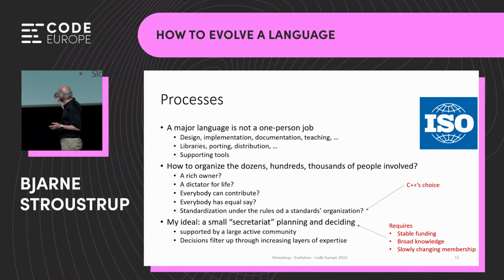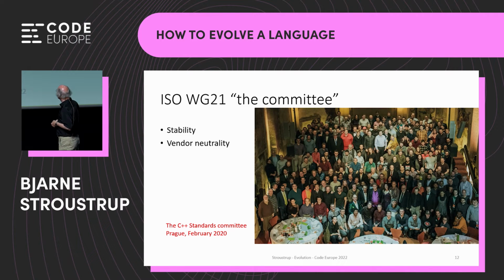And basically, that's it. This is not my idea. In retrospect, it would be much nicer to have a small secretariat of people that are experienced, insightful, can learn, can experiment, supported by a large active community. One problem is somebody has to pay for such an organization for decades, and I have never figured out how to do that. So what we have is a standards committee.